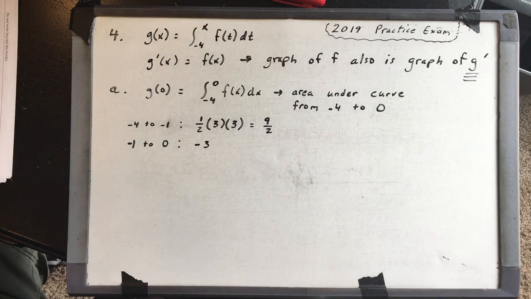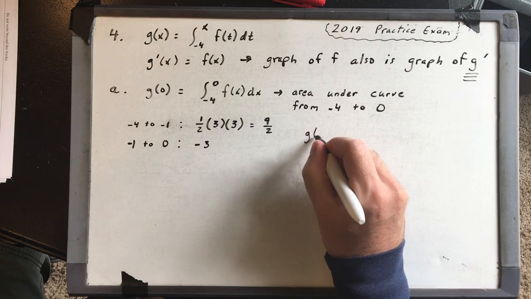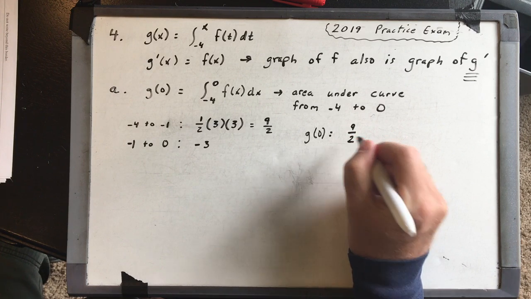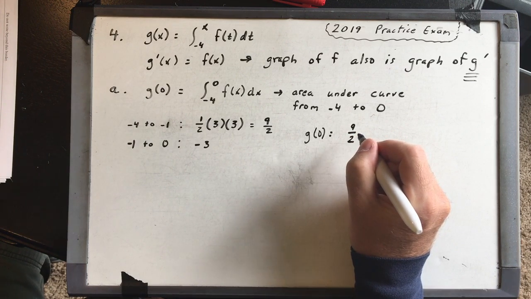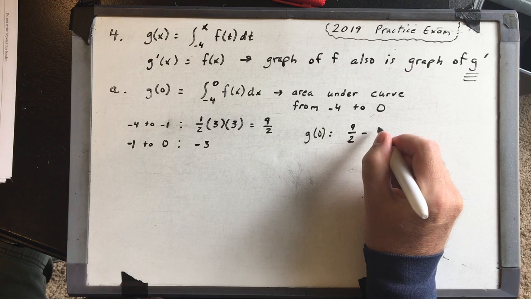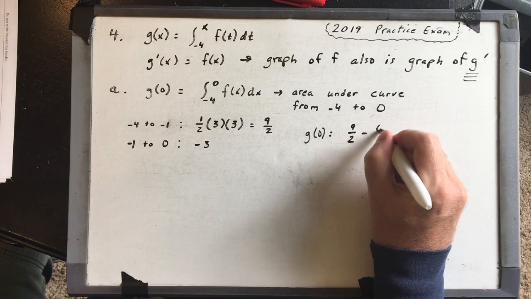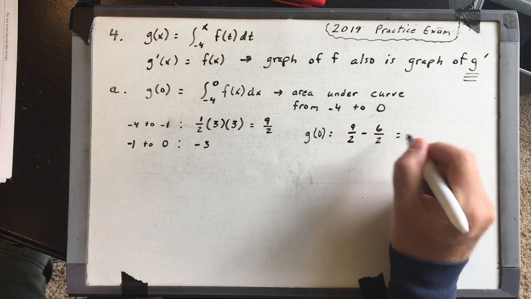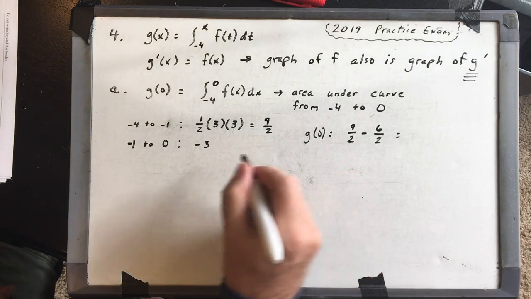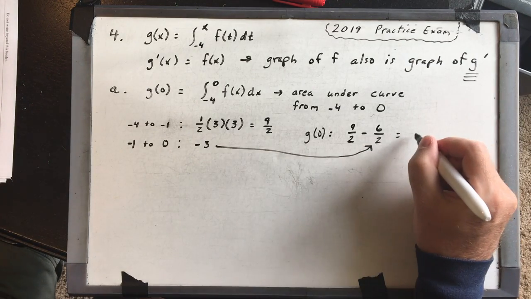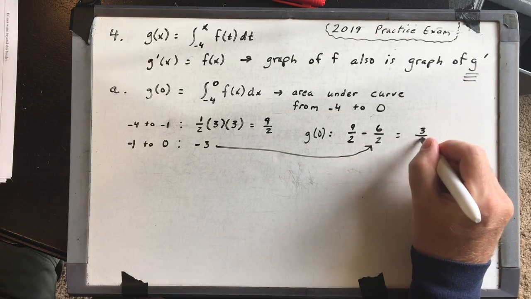Okay, so g of 0 then is going to be 9/2 minus 3. Minus 3 would be 6/2, I just changed that to halves. And that would be 3/2.